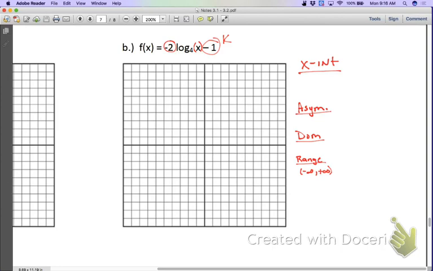So first things first, we got our range. Our asymptote, we already talked about, is just x equal to 0. So I'm going to have my dashed line here at 0.